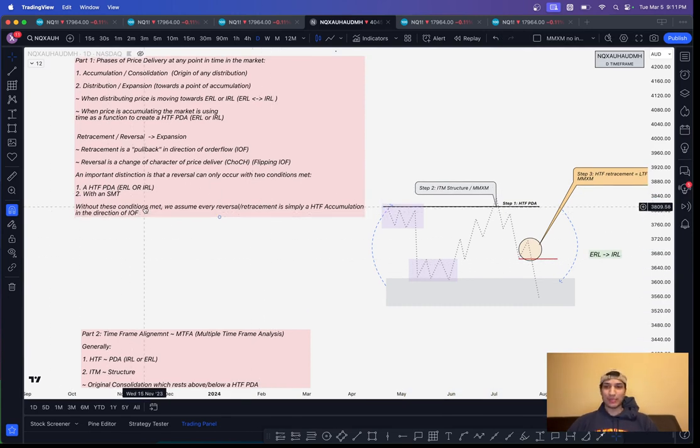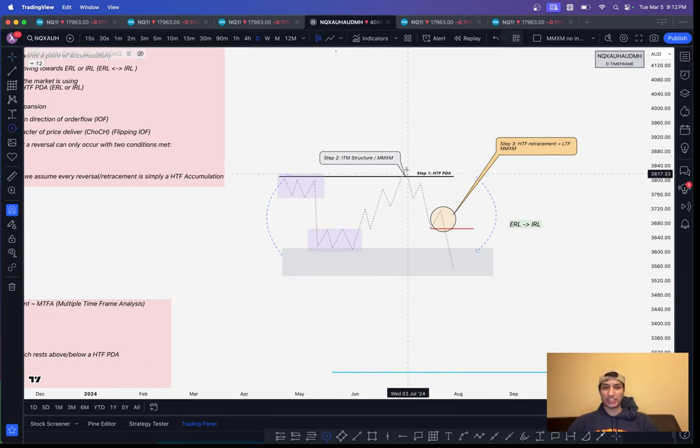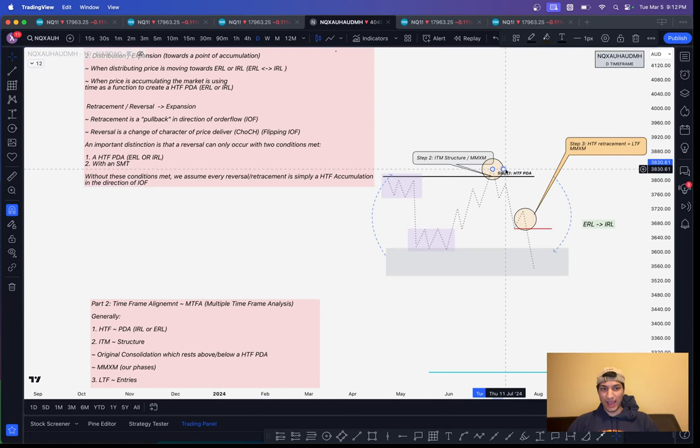Without these conditions being met, we assume that every single retracement that we get lower is simply a higher time frame accumulation. It is not until we get the two conditions, a higher time frame PD array with an SMT on the higher time frame, that we can start to qualify our reversal. If not, I assume it's just going to be another retracement and the continuation of order flow.